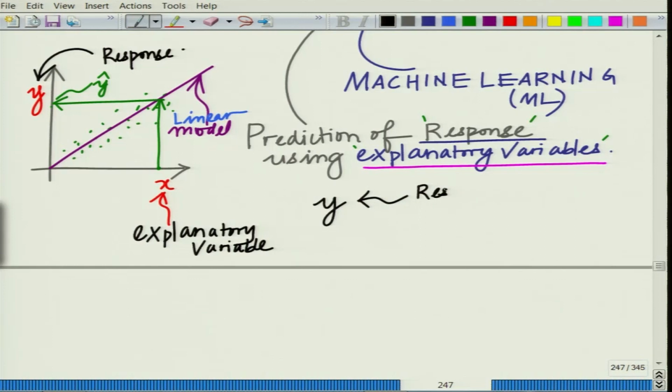We are calling this the response of the system. You can also call this the output, or the observation, or the dependent variable.